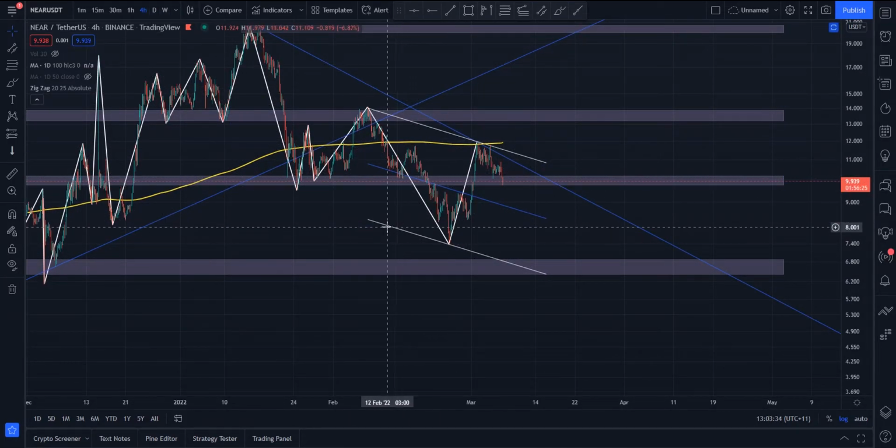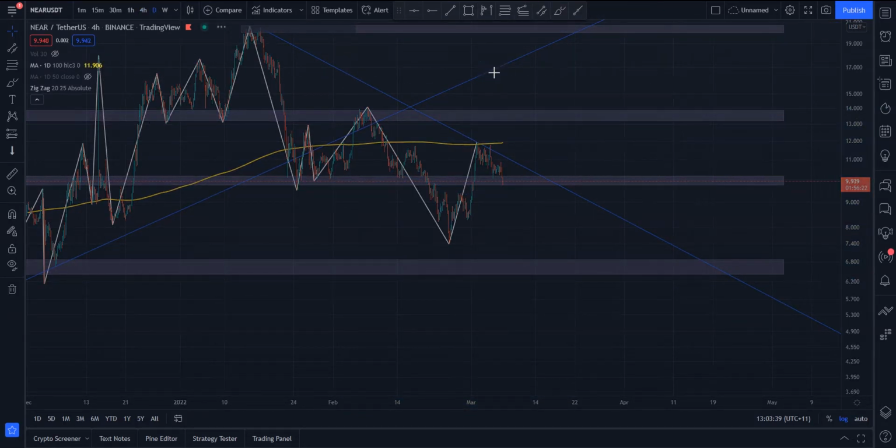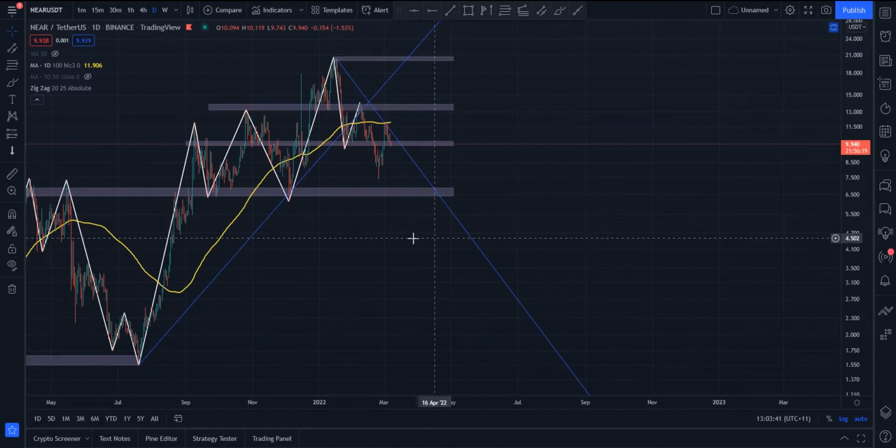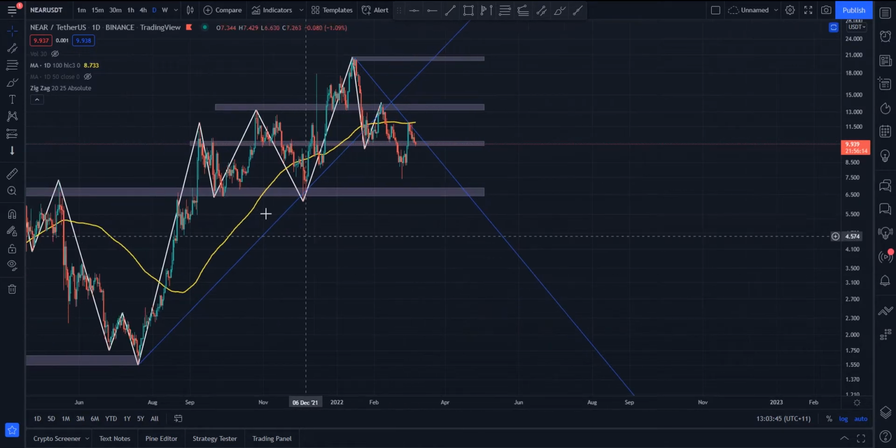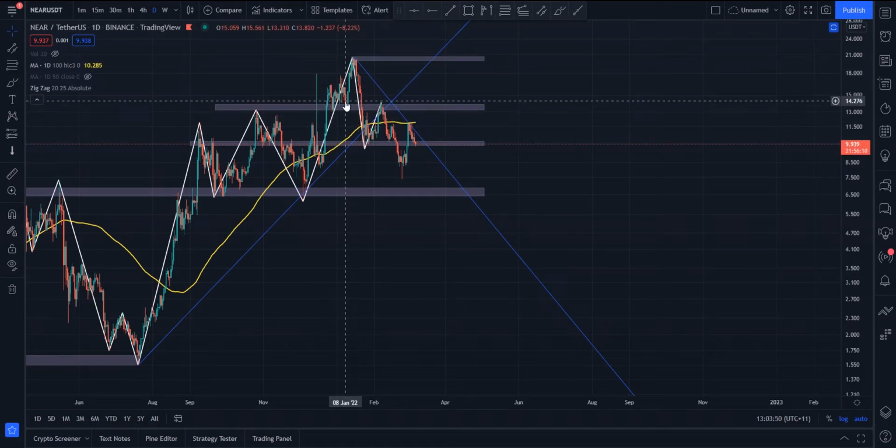This is only the 4 hours time frame, so it cannot be that legitimate, because the higher time frames give you a better resolution of what's happening in general and what whales are doing. So that's about the dynamic moving average.